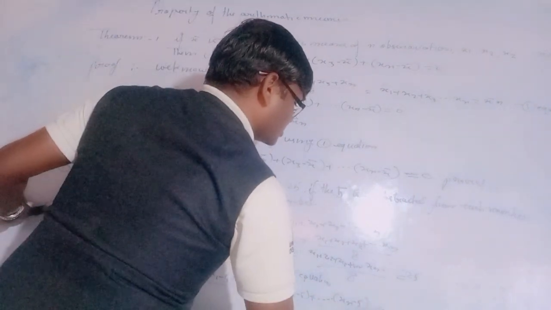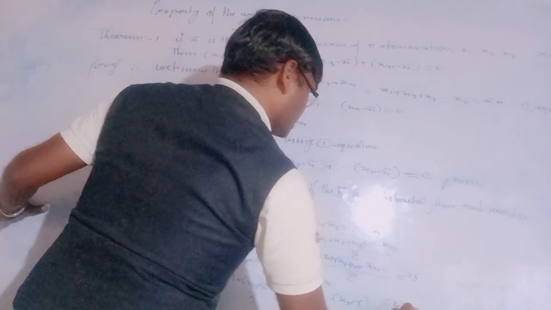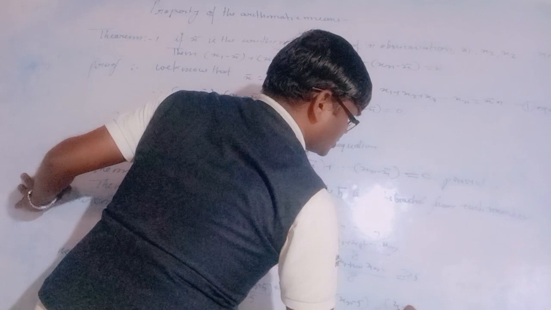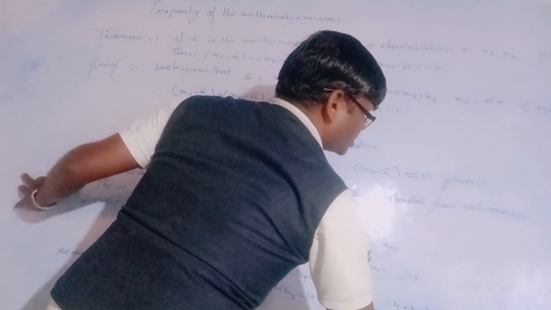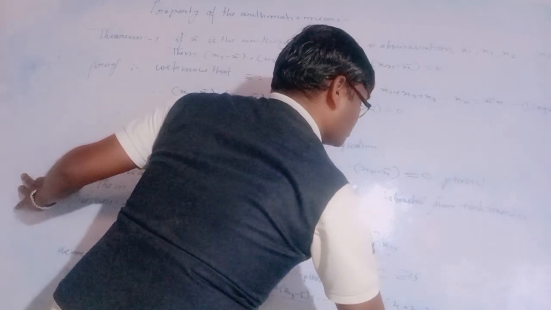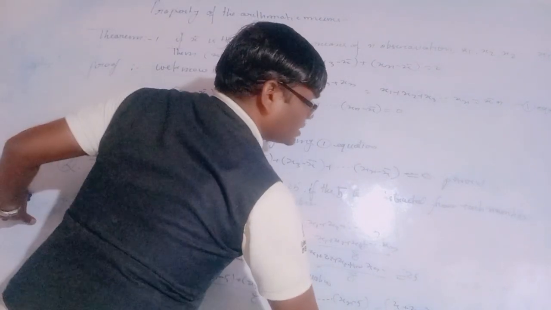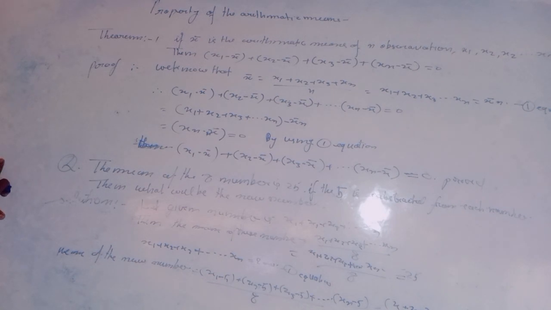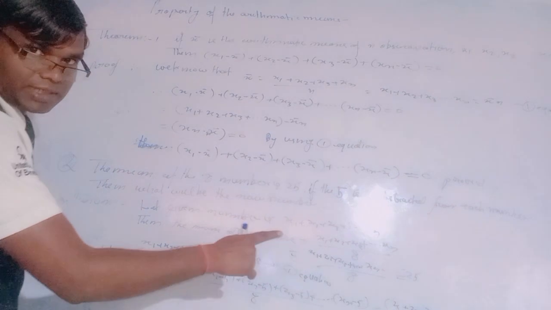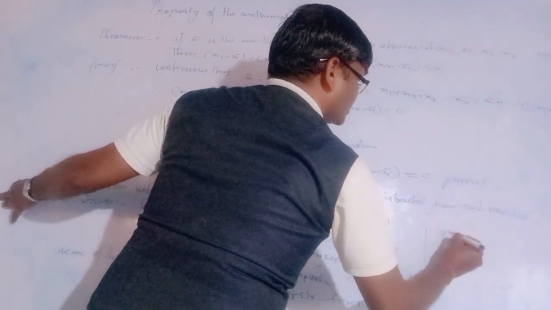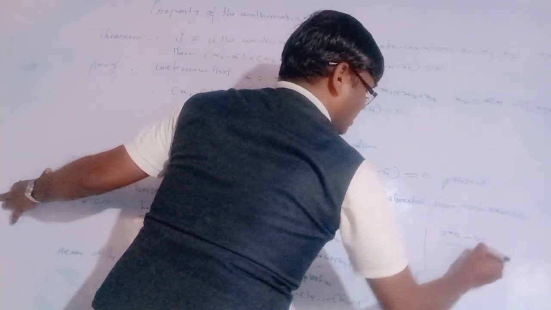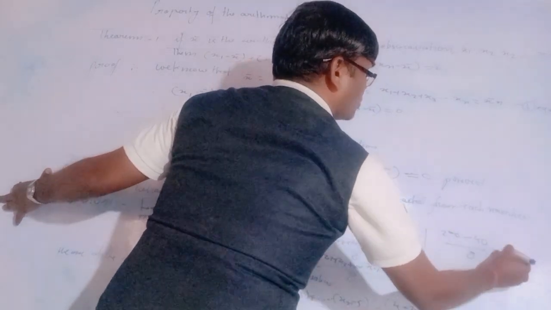So we can write this as (x1 + x2 + x3 + ... + xn) minus 40, divided by 8, since 5 times 8 is 40. From the first equation, we have calculated the sum of x1 to xn as 200. So it becomes (200 minus 40) by 8, which is 160 by 8.